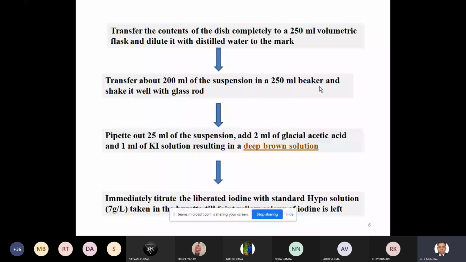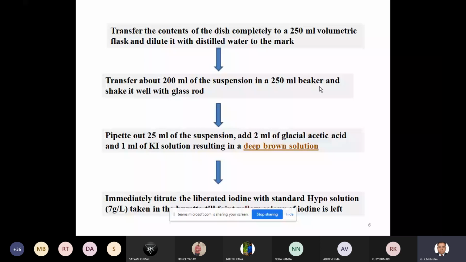So the whole amount, after shaking it properly in a circular movement, you transfer it in a beaker. Beaker, as you know, is provided to keep anything extra, where exact volume is not required.